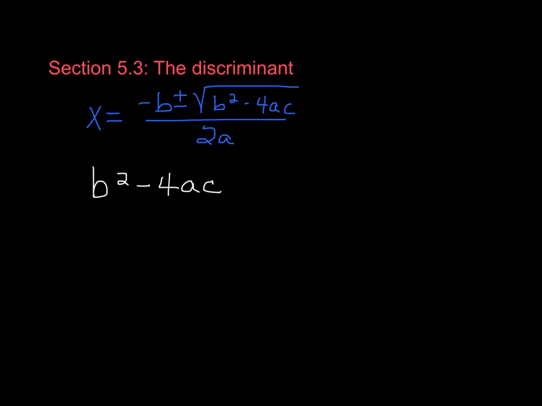When b squared minus 4ac is greater than 0 and a perfect square, then the roots of the equation are real, rational, and unequal, and there are 2 of them.